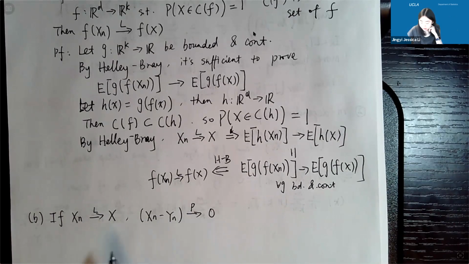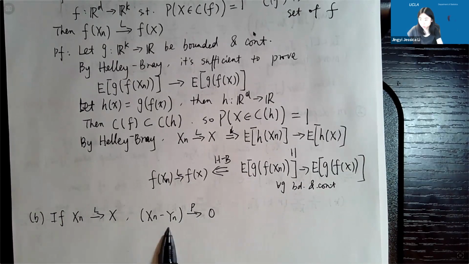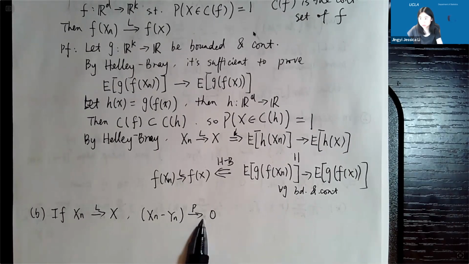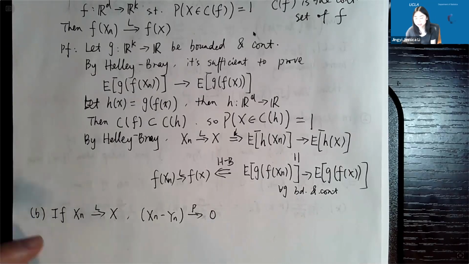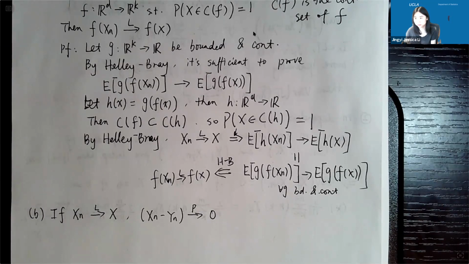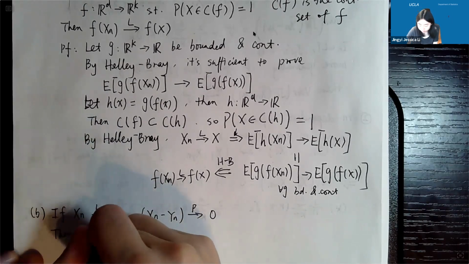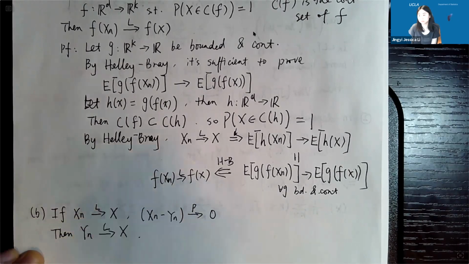So it means that I have some convergence in law for xn, and I have another sequence yn, and the difference between xn and yn goes down to 0 in probability. That means as n goes larger and larger, the two random variable sequences become more and more similar. So what I want to ask is, does my yn converge to the same limit in law? Yes, that's the second statement: yn converges in law to x.